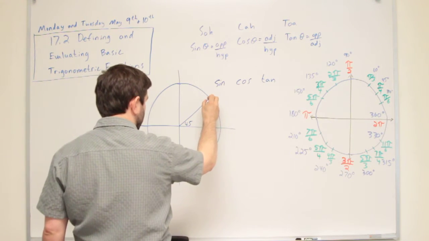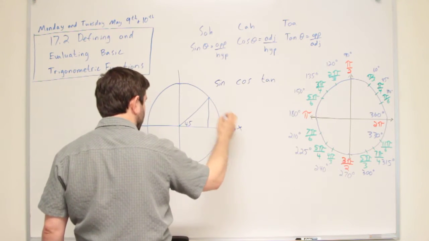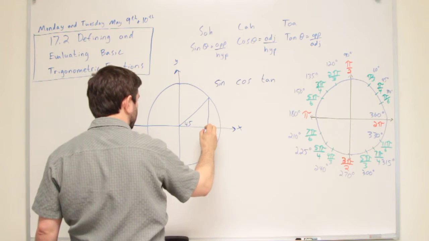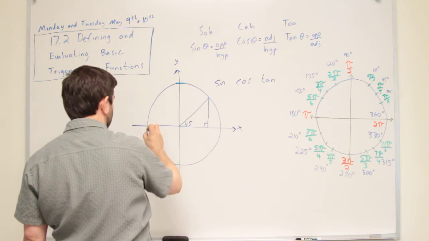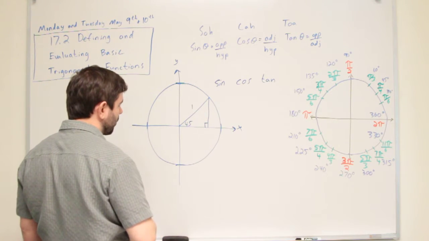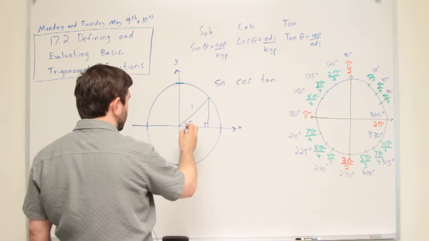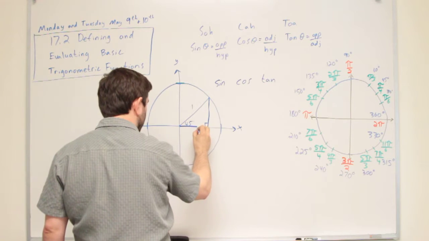And what we can do is draw a line going straight down to our x-axis. This is 90 degrees. Our radius, since this is on a unit circle, will be 1. And we're going to find out what the length of these other sides will be.